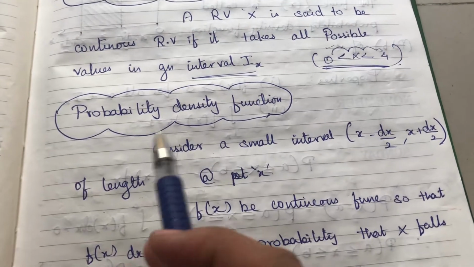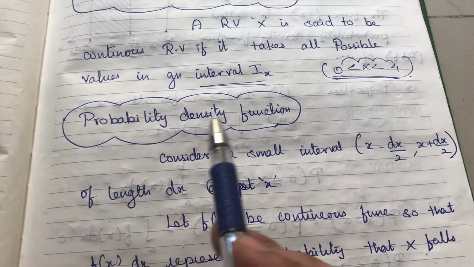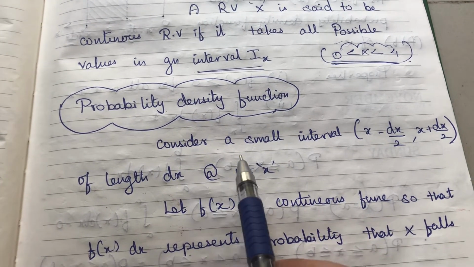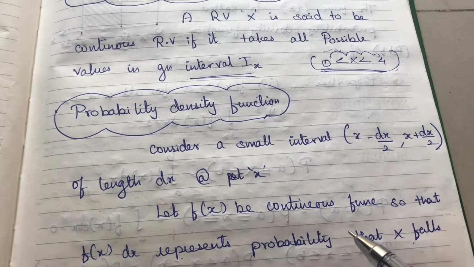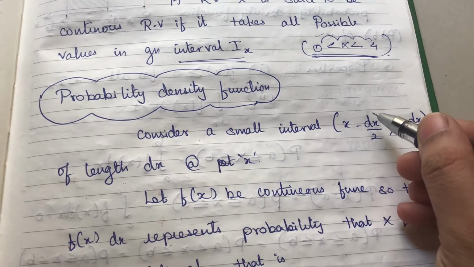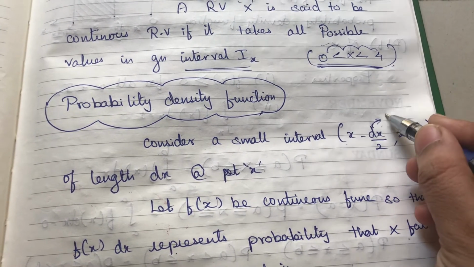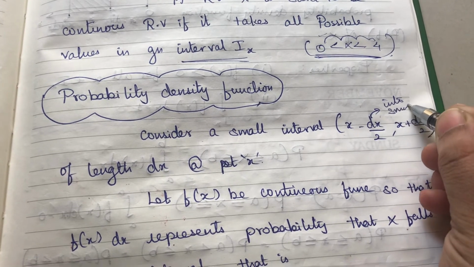Okay, next one is the probability density function. Consider a small interval, like x minus dx by 2 to x plus dx by 2. Dx means it is small, which is used in the integral, meaning integration is for small areas.